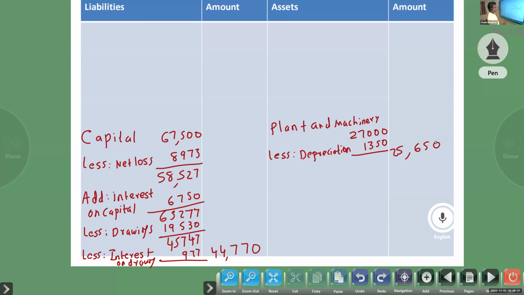Next, furniture. Furniture, no adjustment.